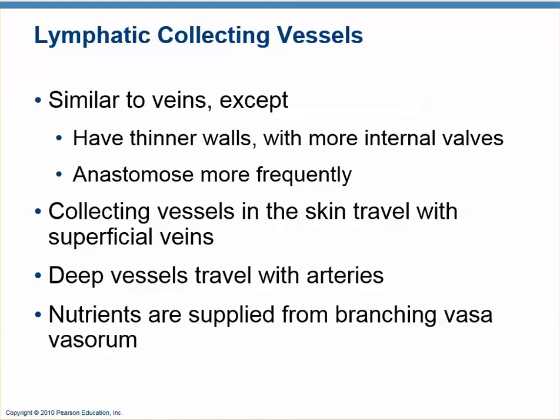There's also a lot more anastomosis, collateral pathways that can happen. The superficial collecting vessels, just below the skin, travel back with the superficial veins. The deep vessels travel with the arteries and the deep veins.